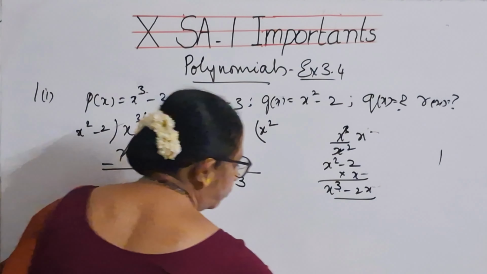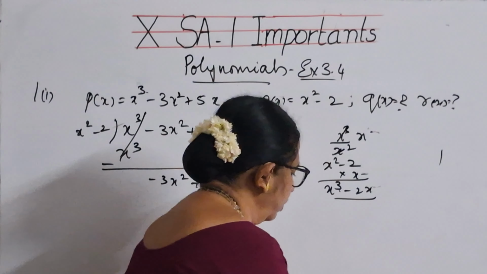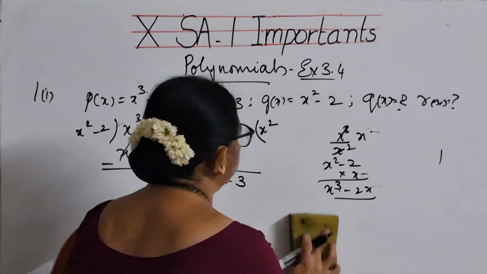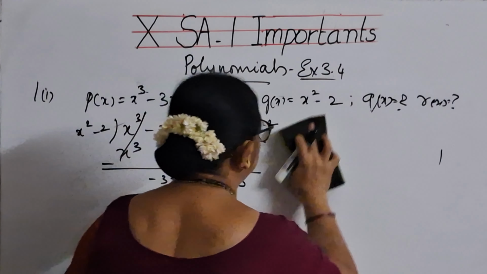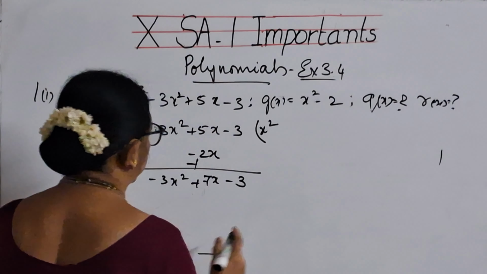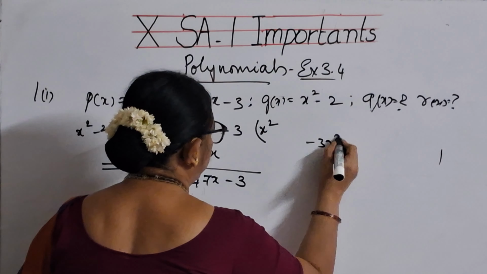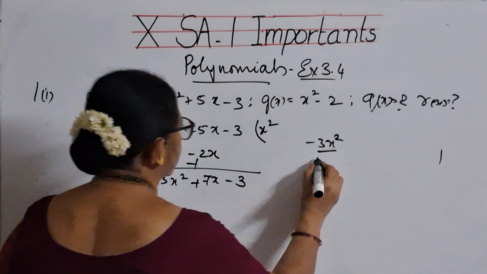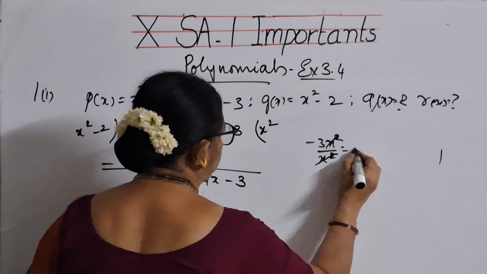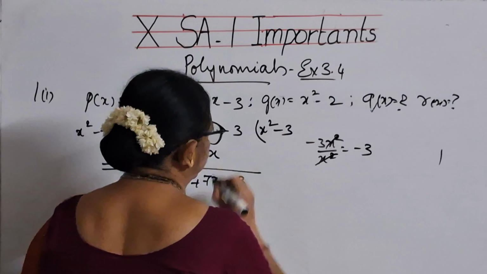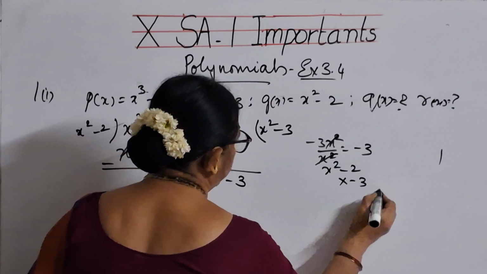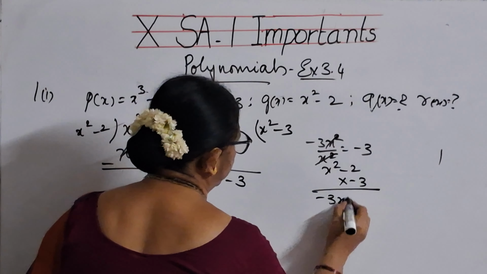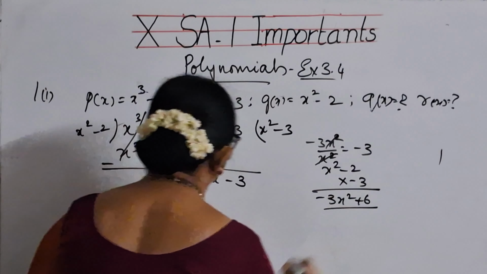So again what you need to do, you have to go for another division, that is minus 3x square divided by x square. What are you getting, children? Minus 3. So take minus 3. Now x square minus 2 should be multiplied by minus 3. Minus 3x square plus 6 you will be getting.